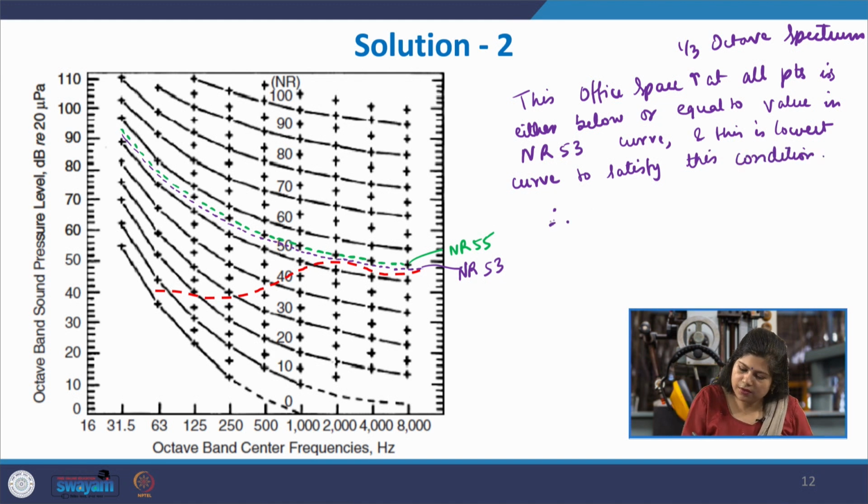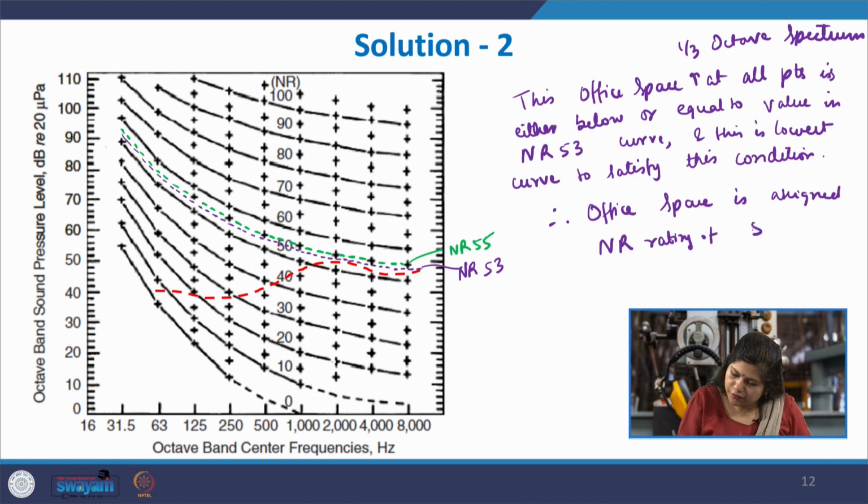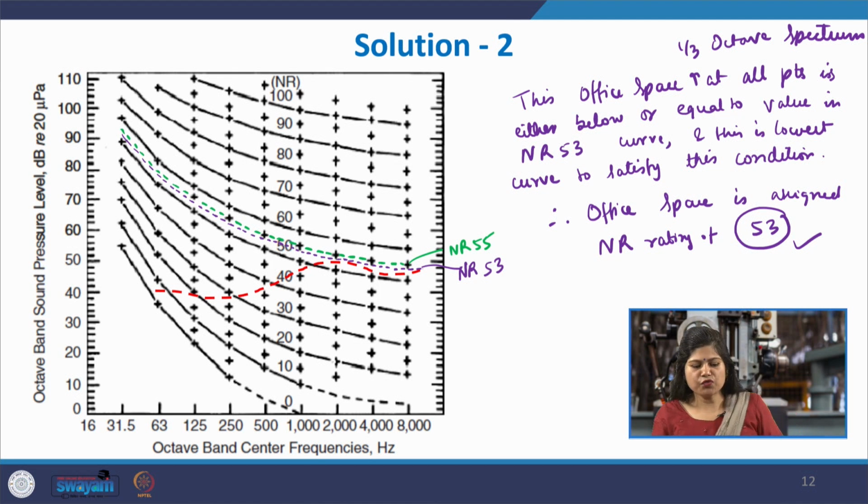So the office space is assigned an NR rating of 53. Okay. So the lowest curve where this condition gets satisfied, where the measured 1/3 octave spectrum is either less than or just equal to the values in that curve. So you can make an educated guess and so on.